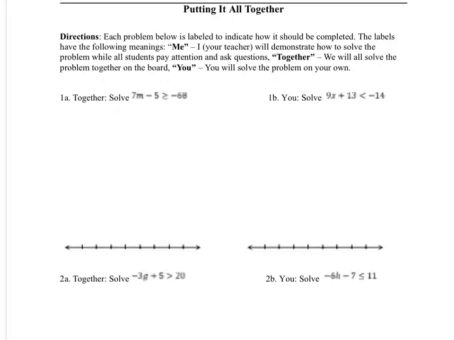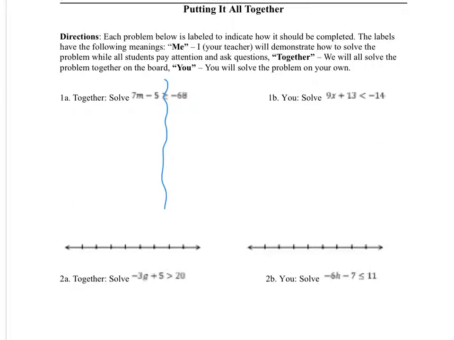Okay, so 1A, together. We're going to solve 7m minus 5 greater than or equal to negative 68. Okay, so we draw our river. Negative 5 and negative 68 are our like terms, right? But they're on opposite sides of the river.